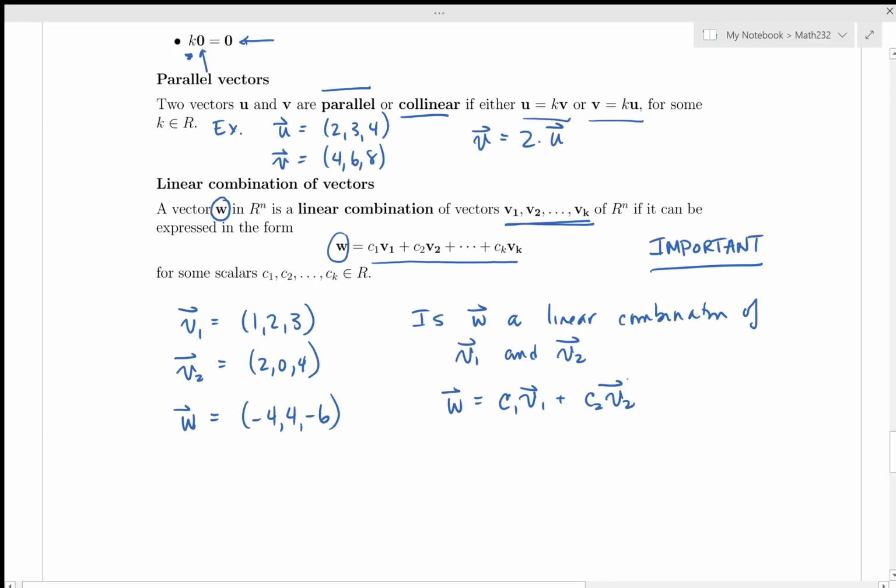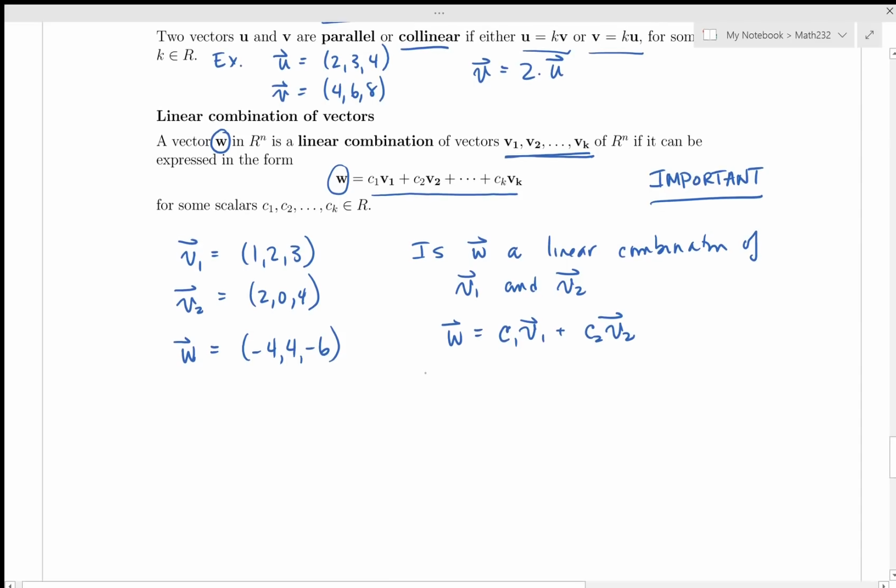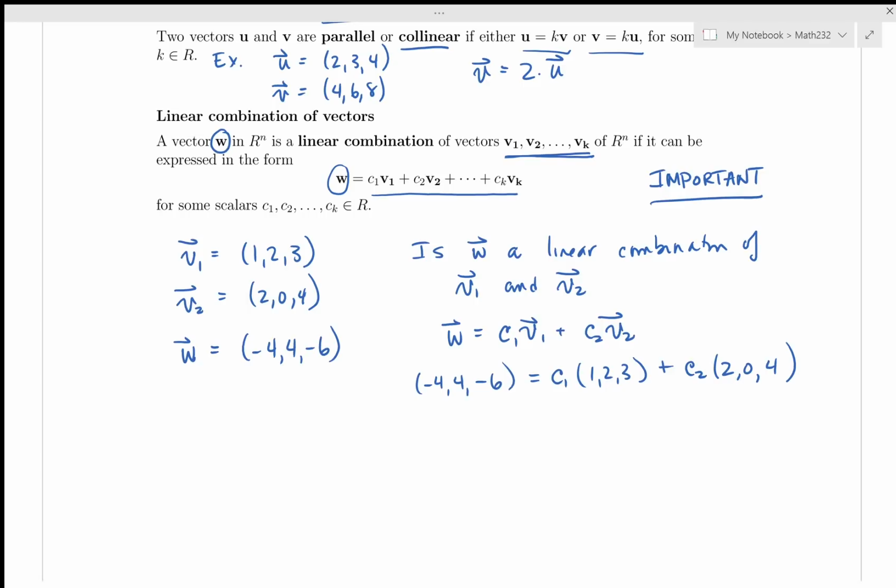Is it possible to take these numbers, (-4, 4, -6), and make them equal to c1 times (1, 2, 3) plus c2 times (2, 0, 4)? Is that possible? That's my question. Perhaps you can see how you can turn this into a system of linear equations and use the tactics that we had from sections 2.1, 2.2, and 2.3. So think about that.